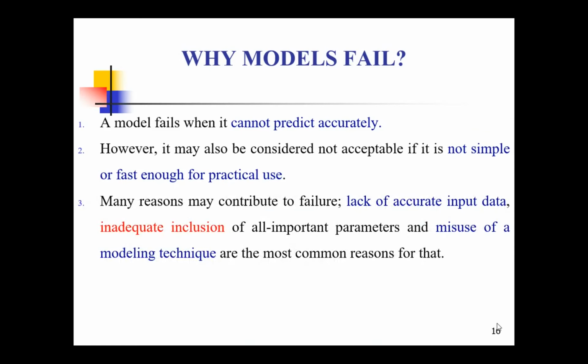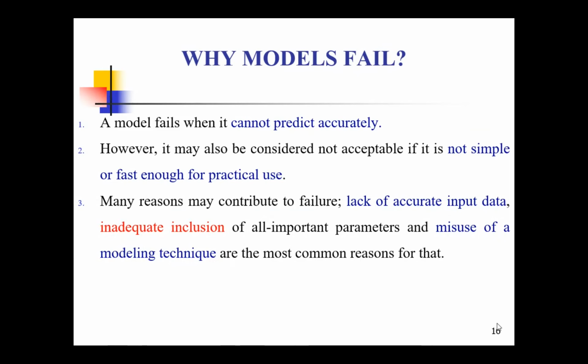So the reasons because of which a model fails are lack of accurate input data, and inadequate inclusion of all important parameters. Normally during analysis we consider only the main parameters. In turning, cutting speed, feed rate, depth of cut. This we call the machining parameters. Normally we will be considering only these.